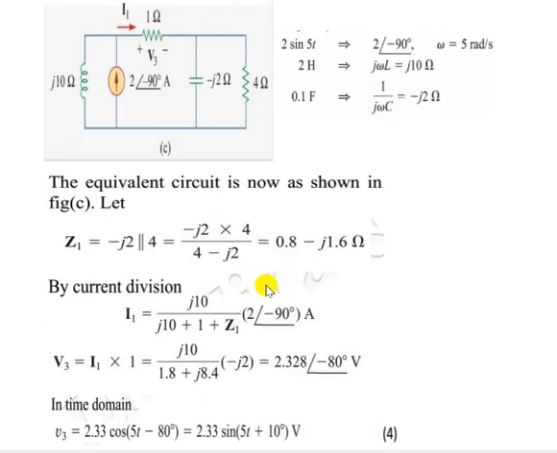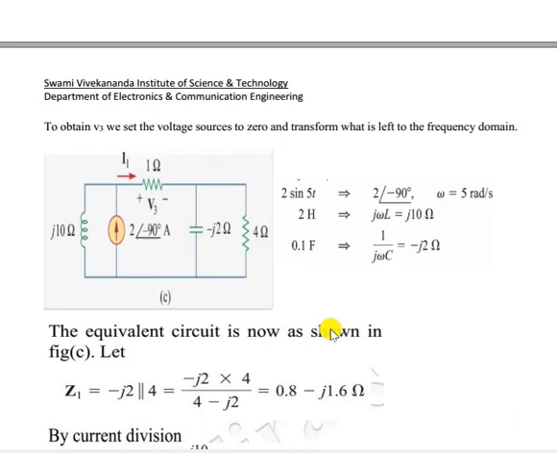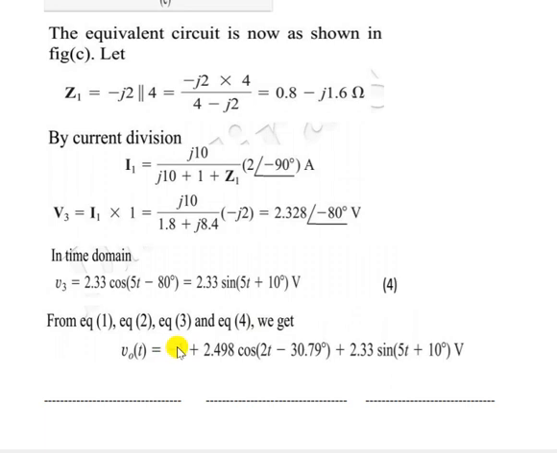Because sine of omega t minus 90 degree equal to cosine. So if you want to convert into cosine from sine, you have to add plus 90 degree. So it will give us 5t plus 10. Now if we form the equation for the DC source, that is minus 1 volt for voltage source, and for current source, we got this value in volt.